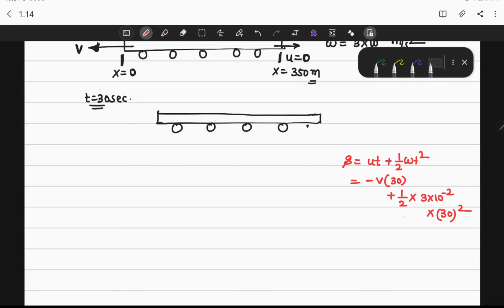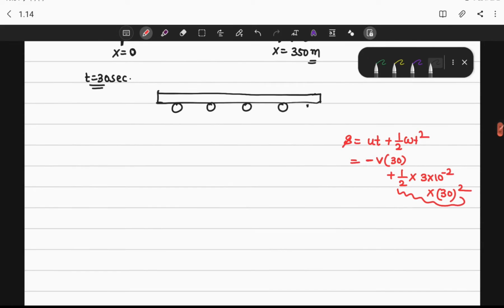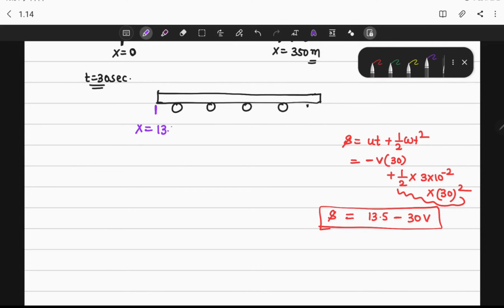Okay, and this particular thing we know from the previous example, that was 13.5 minus 30v. So this is the s we got, that is the distance moved by the train in 30 seconds. So this particular location we can write x is equal to 13.5 minus 30v, and this particular location we can write x is equal to 13.5 minus 30v plus 350, because the length of the train is 350 meter.